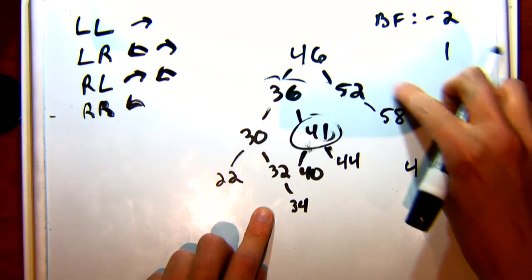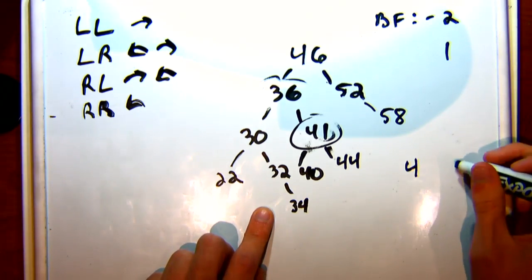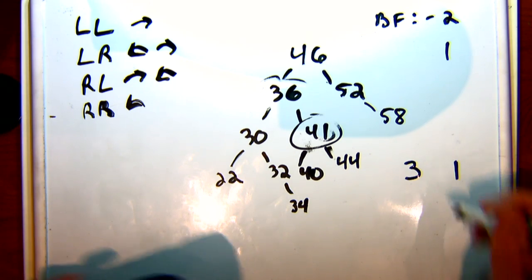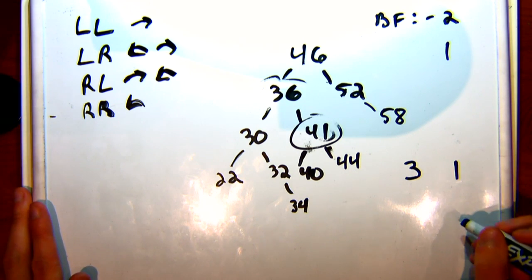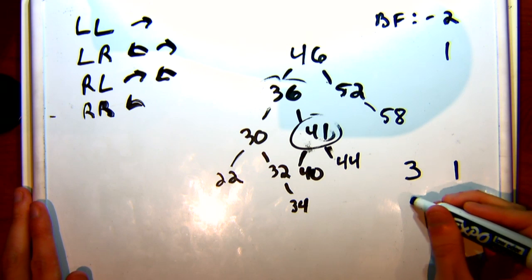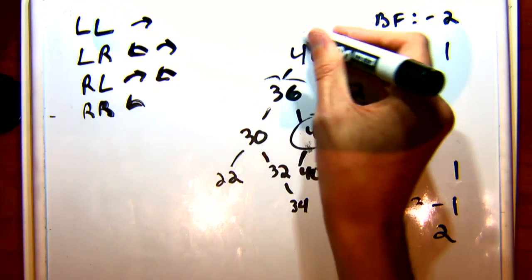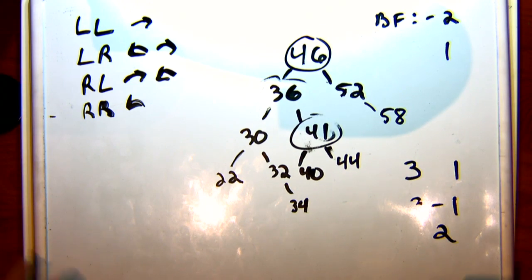And the maximum height on the right is going to be 1. Actually, that should have been 3, counted from 1. But either way, if we calculate, the balance factor is going to be 2. So we have an imbalance, and it's around 46.